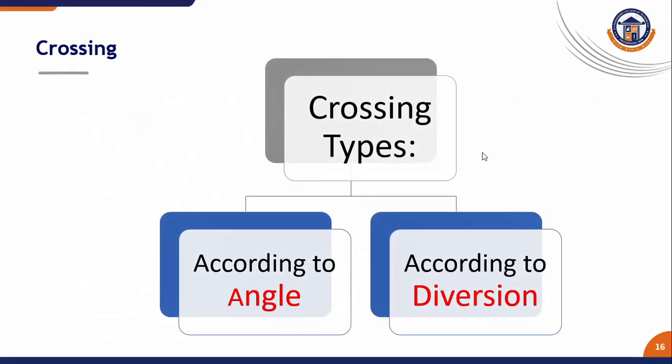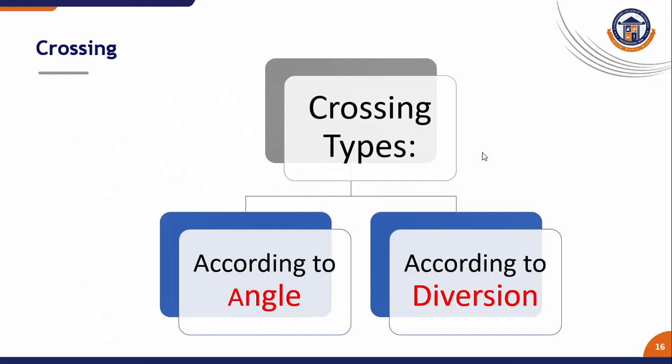Crossing types: according to the angle and according to the diversion, the crossings are mainly functioning. According to the angle, from the engineering design point of view, the angle is provided to take off the crossing. According to the diversion, which direction and which diversion is needed is planned according to the requirement.